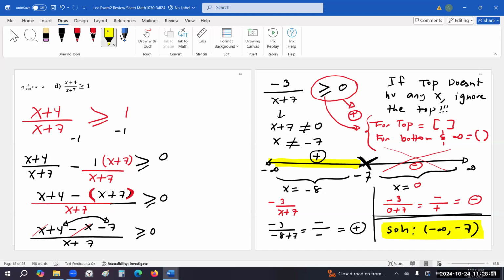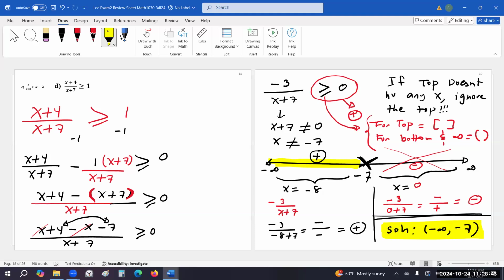So the method: bring everything to one side, have your LCD, combine the numerator, and then whatever you get from the numerator and denominator, if it's factorable, you factor them, and then set everything equals 0. Numerator, we set equals 0, denominator, we set not equals 0, because you don't want to have that number for x.